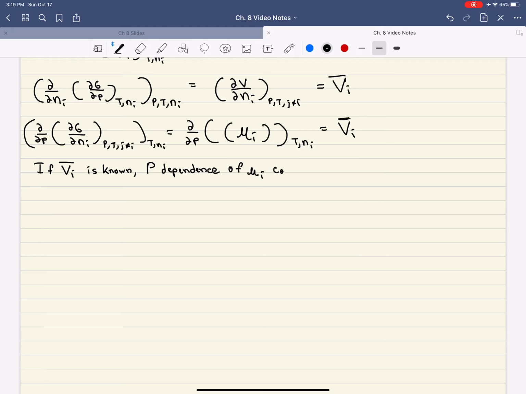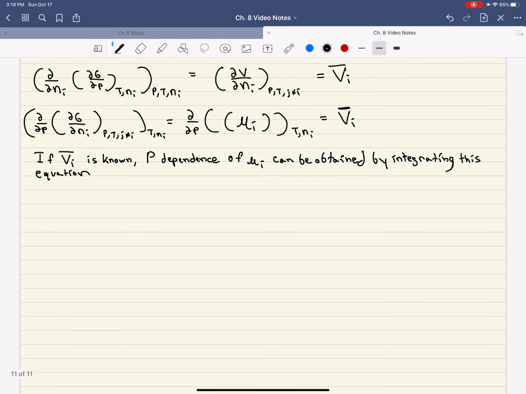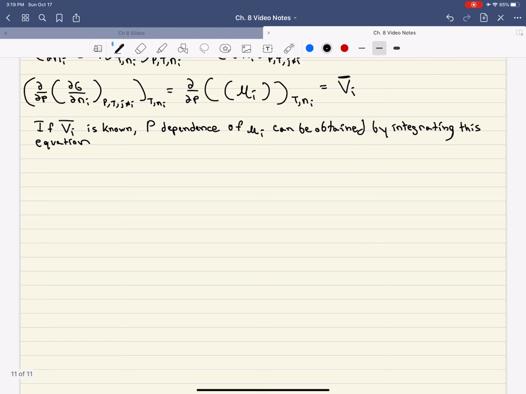You can determine how that changes by integrating the above equation. So that's how we get the pressure dependence, and we see that it's related to the partial molar volume. Let's now look at the temperature dependence.